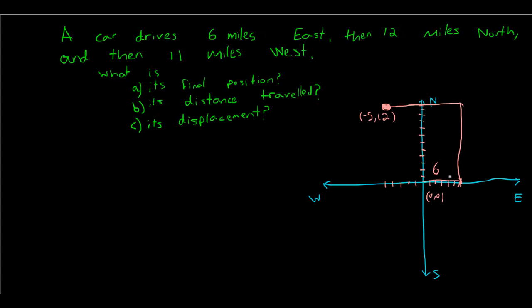So it went 6 miles, then 12 miles, and then 11 miles. So distance, which again we'll use d, is going to be equal to 11 plus 12 plus 6, which is 29 miles. And again, we can see this is a magnitude, and there's no direction, so again, verifying this is a scalar.